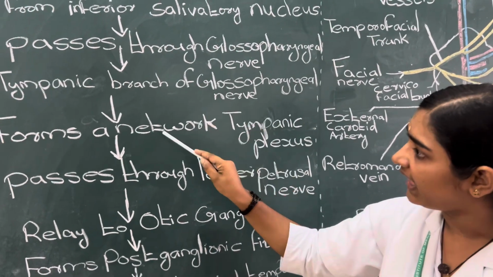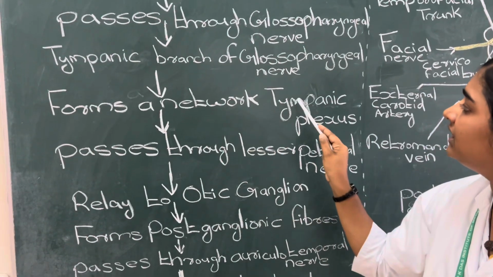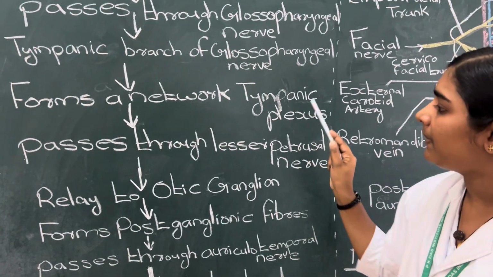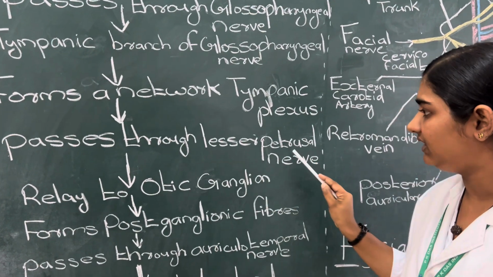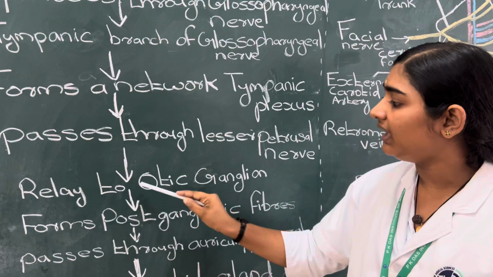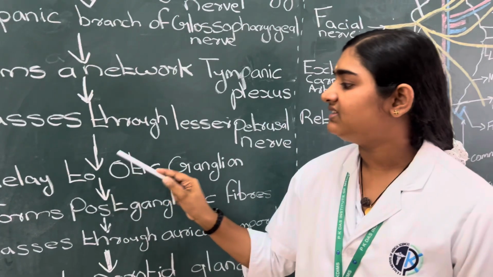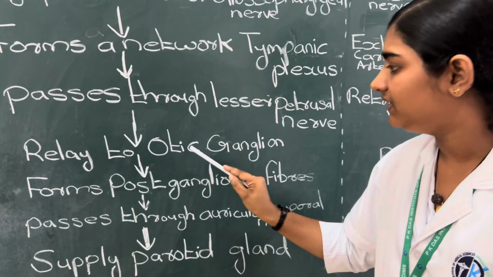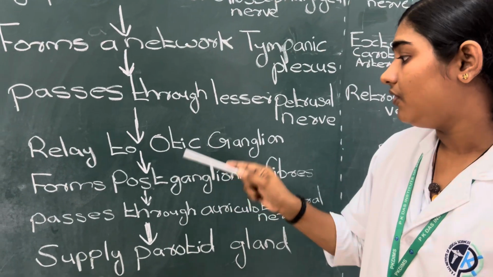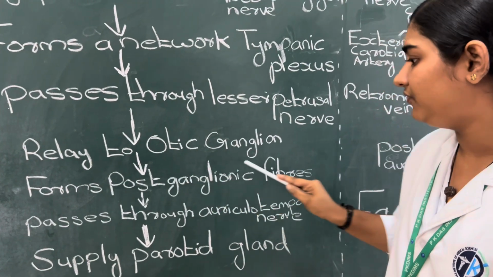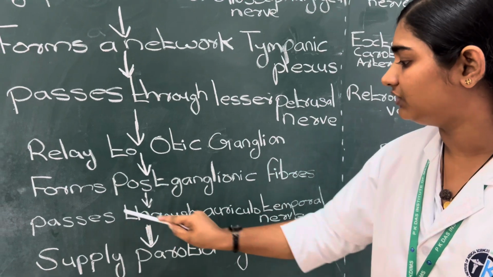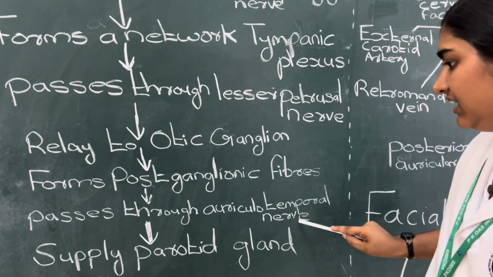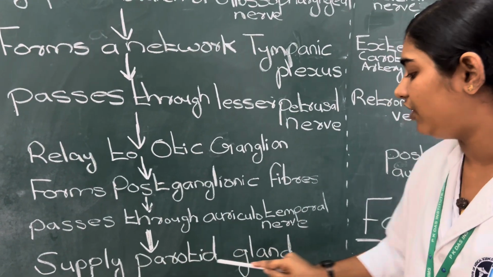Then they form a network called the tympanic plexus. Then they pass through the lesser petrosal nerve. Then they relate to an important ganglion. Which is the important ganglion? It is the otic ganglion. From this otic ganglion, it forms the postganglionic fibers. Then they pass through the auriculotemporal nerve and supply the parotid gland.